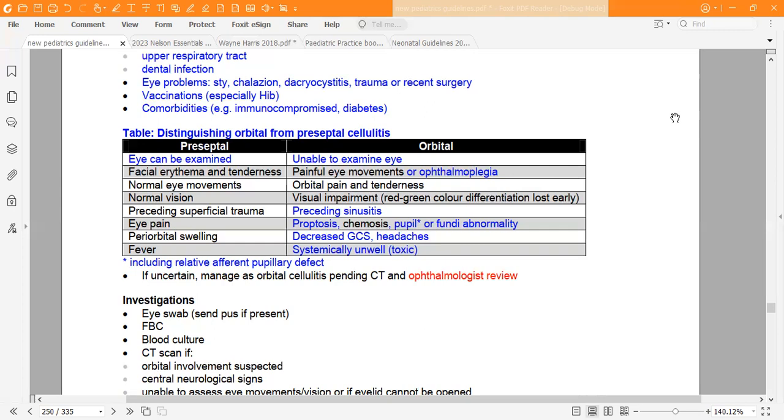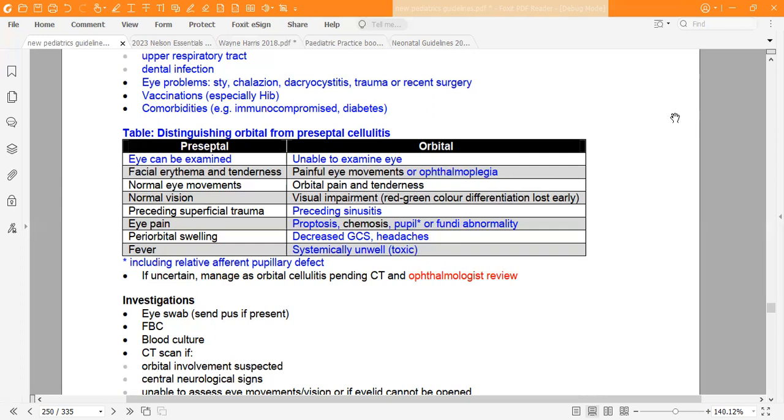So again, the differentiation between preseptal and orbital in this table is very important to know how to differentiate between both of them. Okay, including relative afferent pupillary defect. That's the star of the pupil. What does it mean?